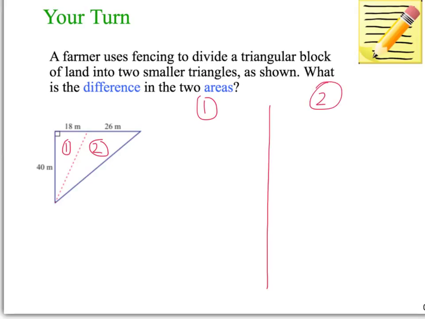Alright, so we've got area of a triangle equals base times height divided by 2. Okay, so I'm going to do that area 1. So the base is 18 meters and the height is 40.